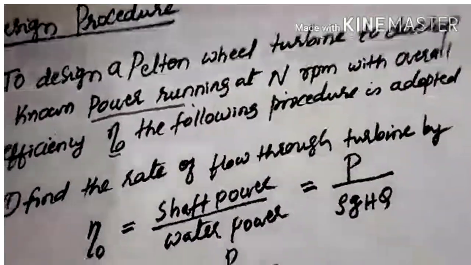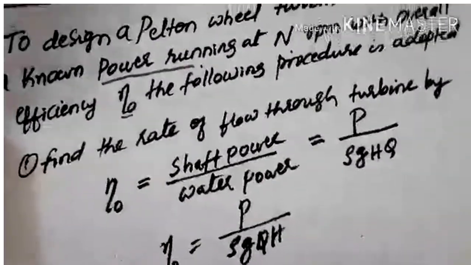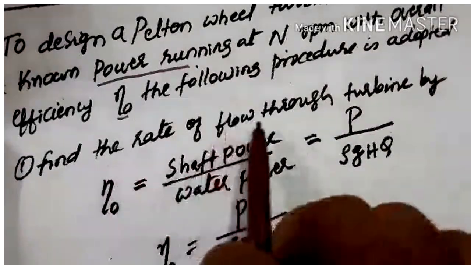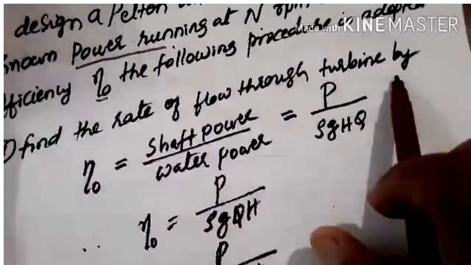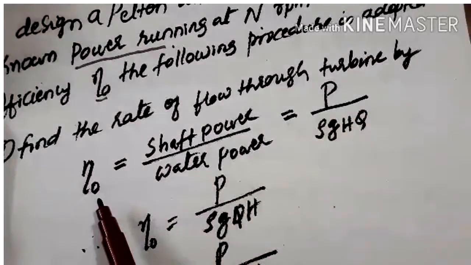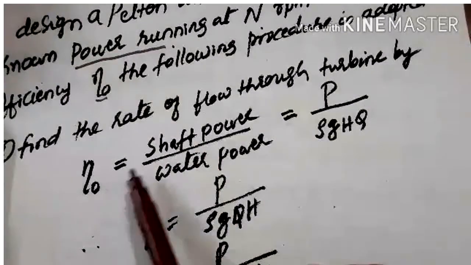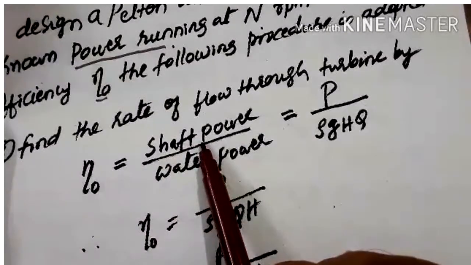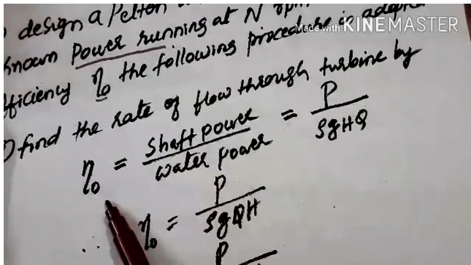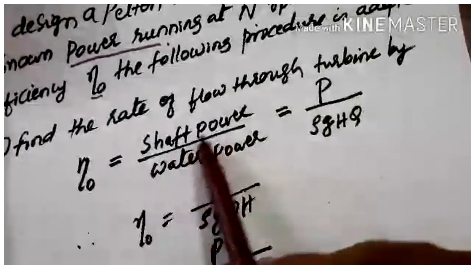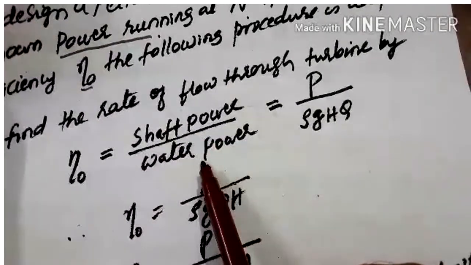As we know the overall efficiency formula, the first step is to find the rate of flow through the turbine. Since the overall efficiency and the shaft power are known, we can easily get how much discharge is passing through the turbine. Overall efficiency is the ratio between the shaft power and the water power.